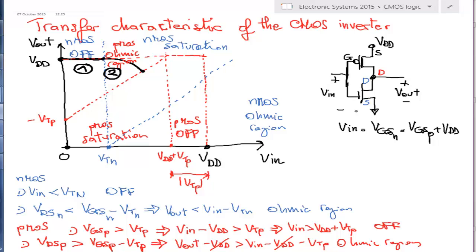But in this 3rd branch of the characteristics, we have both the transistors in an on condition, and therefore we have power consumption. Of course, this is important because power consumption is the most critical issue for digital electronics. It's been the most critical issue for 40 years.